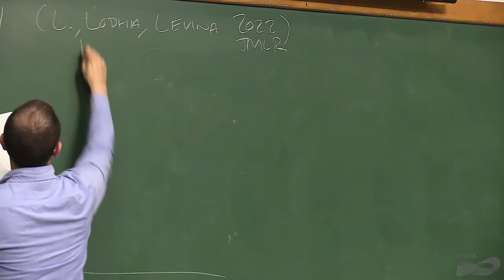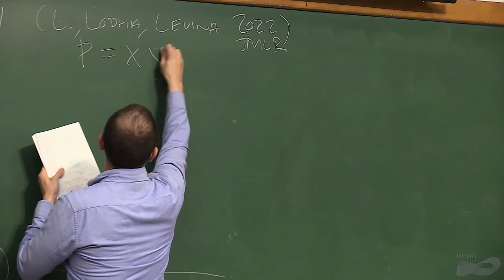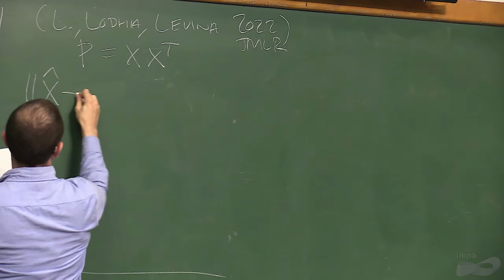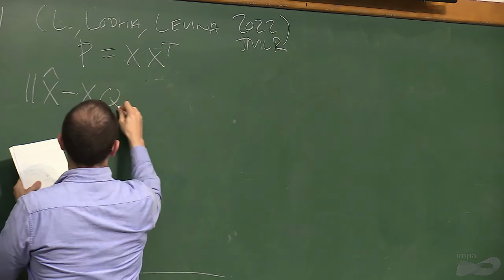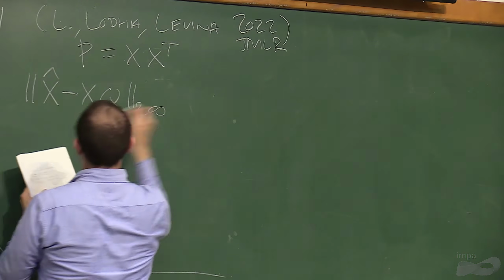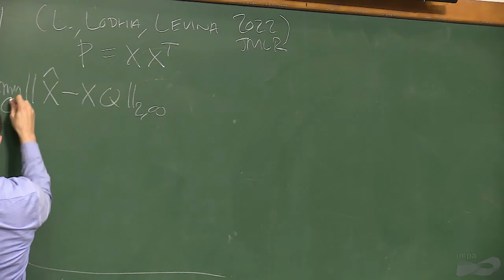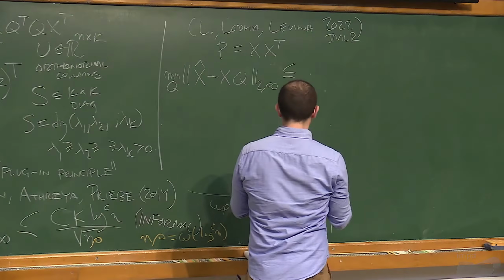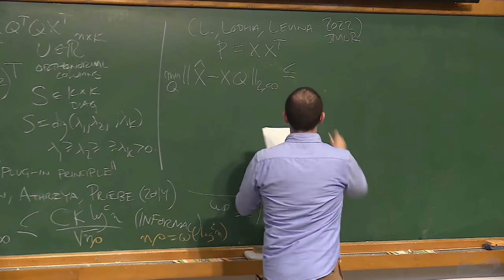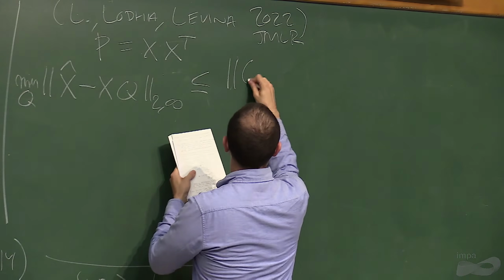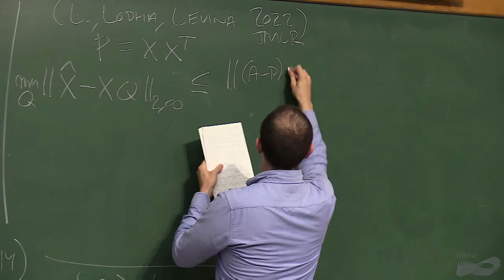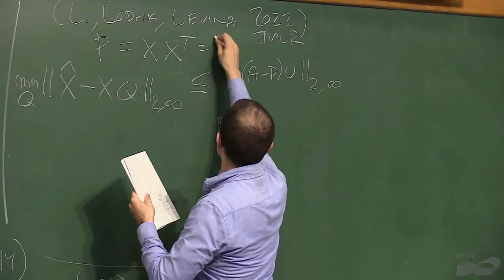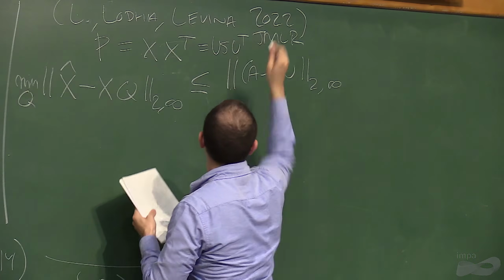Okay, so let's write P equals X X transpose here, just for ease of notation. And this error that we want to control in 2 to infinity norm can be expressed in terms of 3 factors. The first one looks like another 2 to infinity norm. And I'm sorry, this equals U S U transpose.